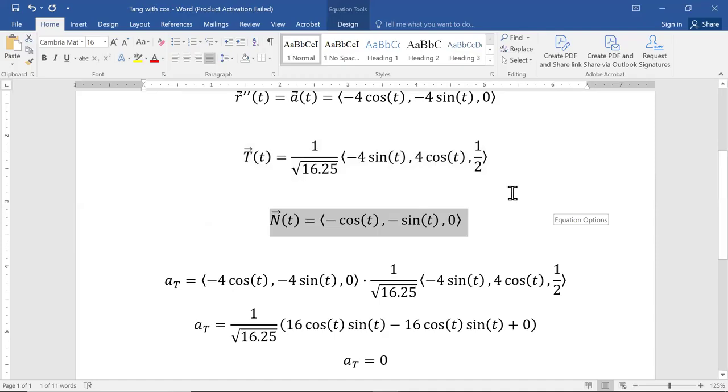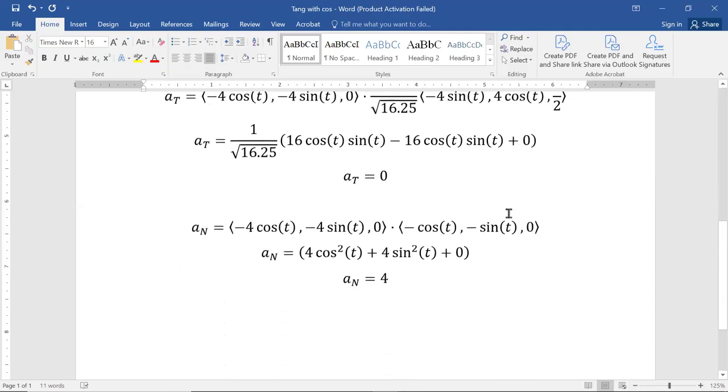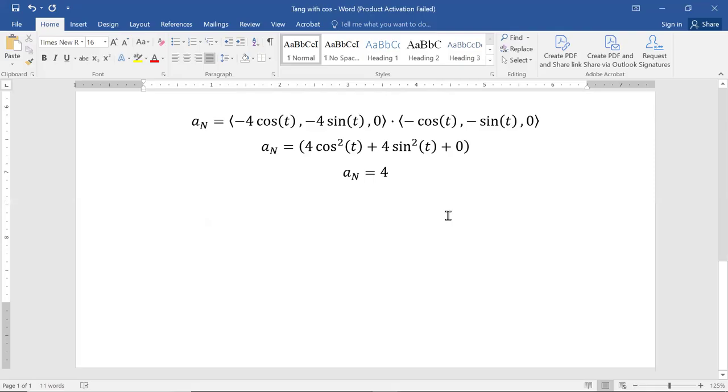All of the acceleration is in the unit normal vector direction. And so all of my acceleration is going to be pointed orthogonal to the direction of travel, or the direction of the curve.